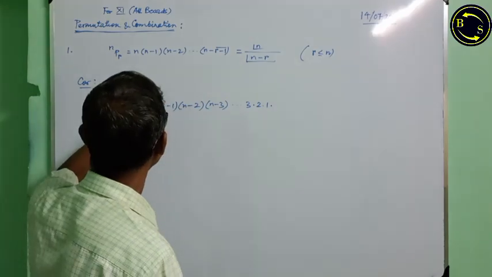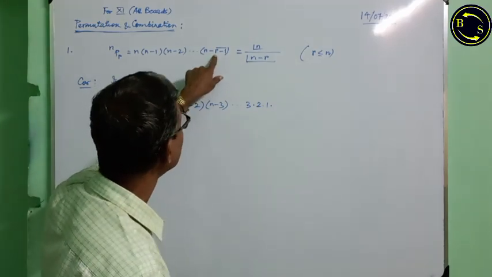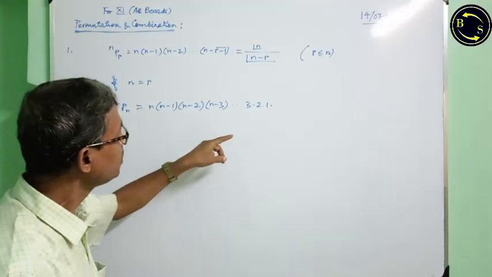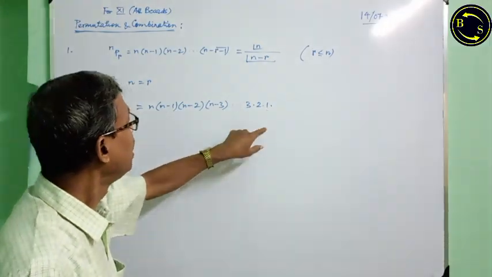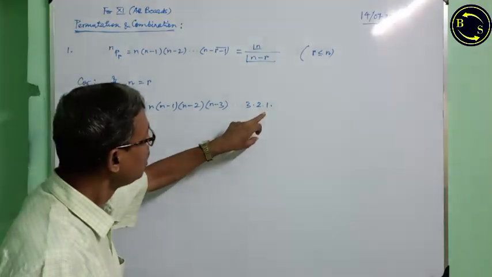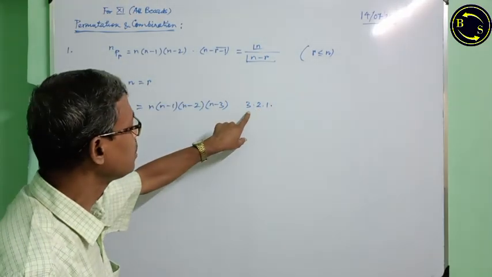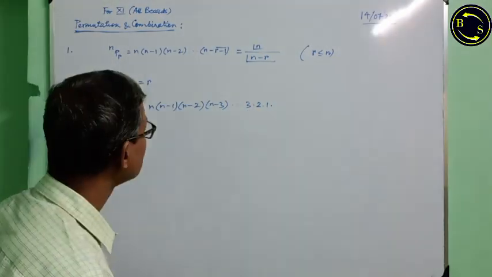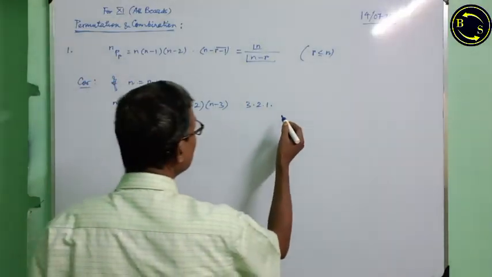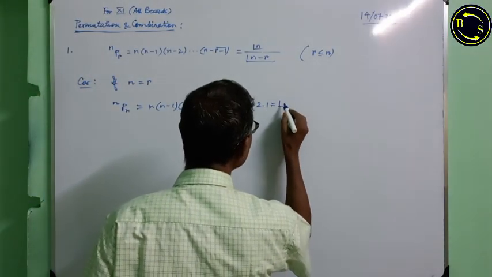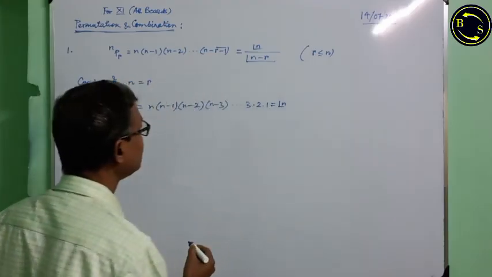Putting r equal to n here, after simplification we will get the last value 1, before that the factor will be 2, before that the factor will be 3, like this, finally n. This is as per the definition of the factorial symbol, this is factorial n.